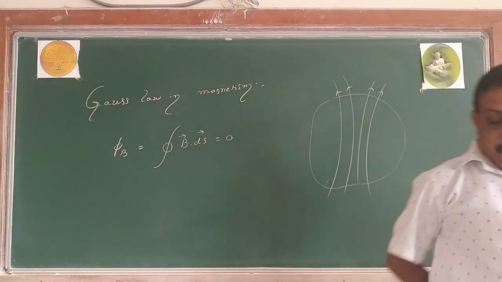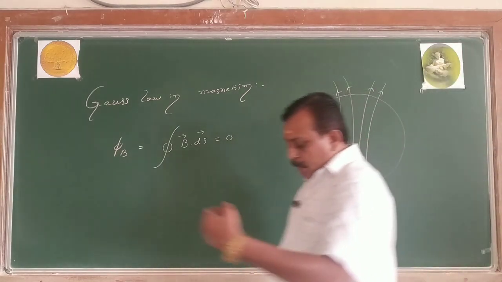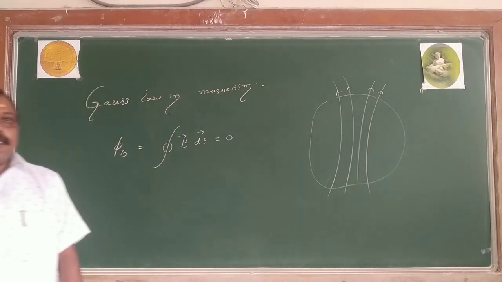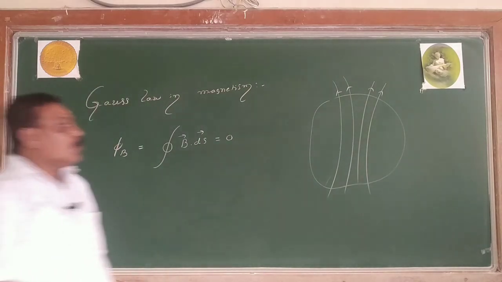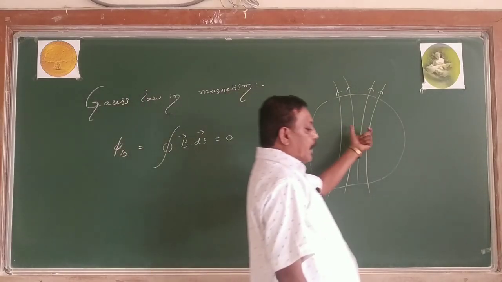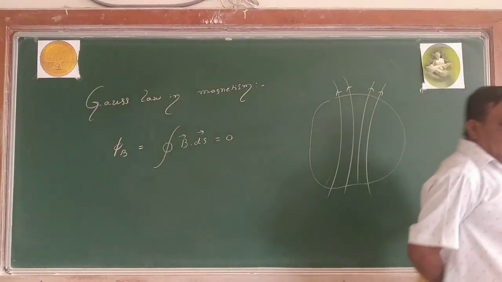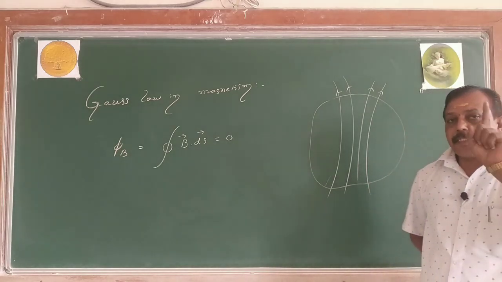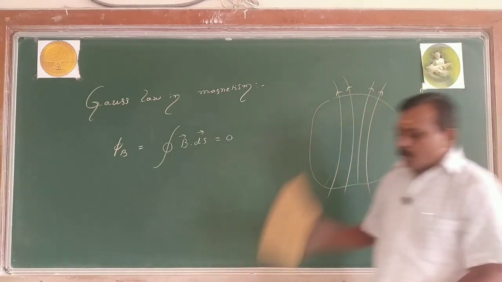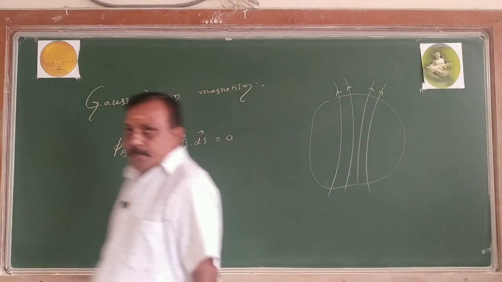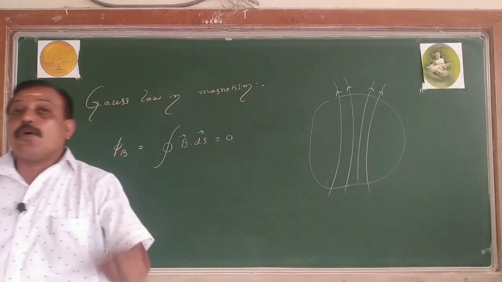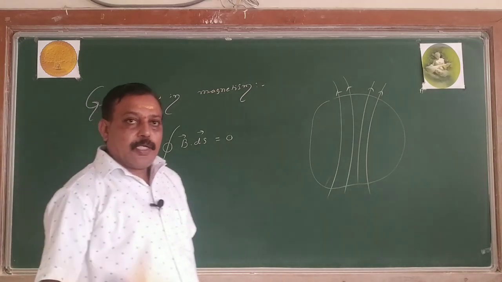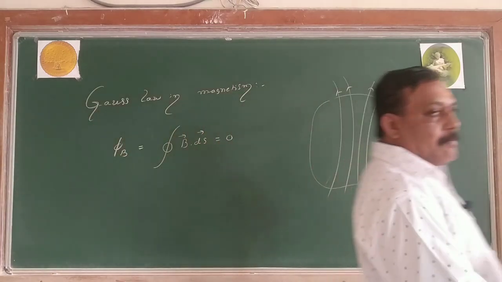It means there will be no existence of an isolated pole in magnetism. That is the main conclusion of Gauss law in magnetism. Magnetic poles always exist in the form of pairs.